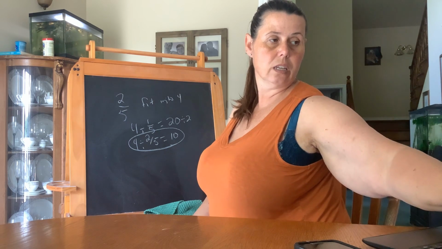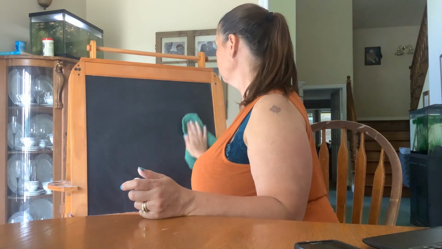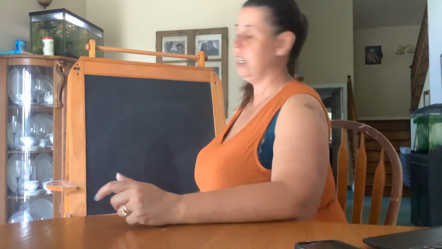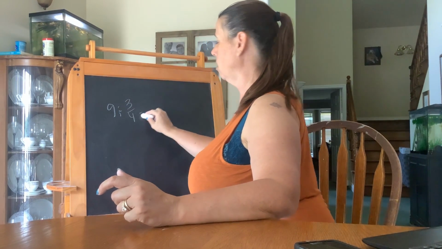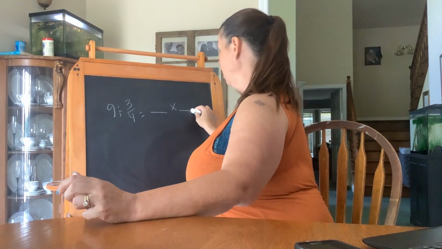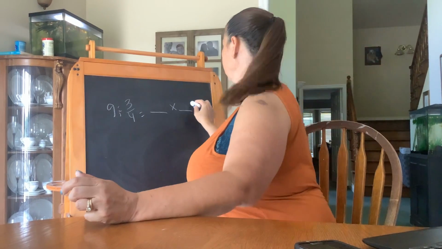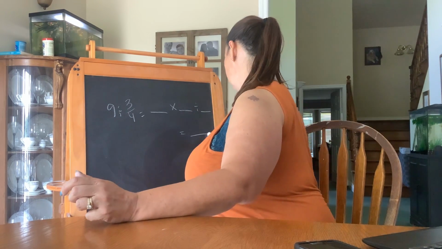Okay? Number 5, last one. Okay, 9 divided by 3/4. All right? Now, they've got a line times a line divided by a line equals a line.